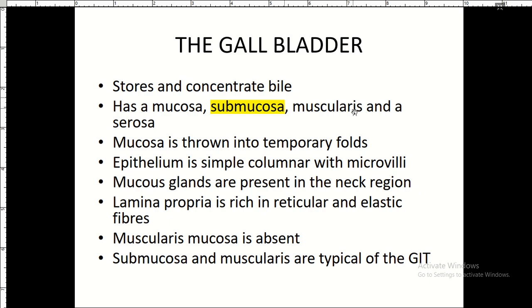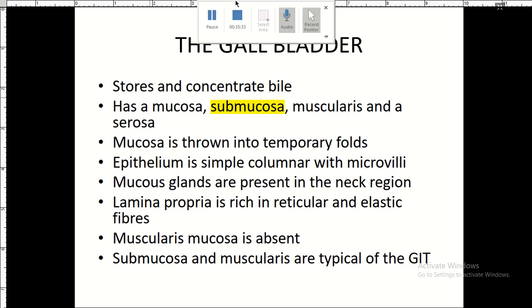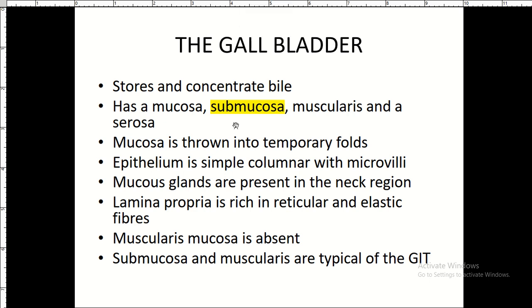The muscularis mucosa is there, right? And serosa. So take that. We have no submucosa. You understand now? So we have the mucosa, absence of submucosa, muscularis, and serosa.